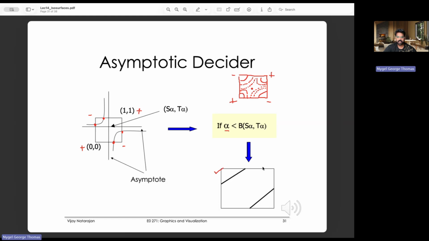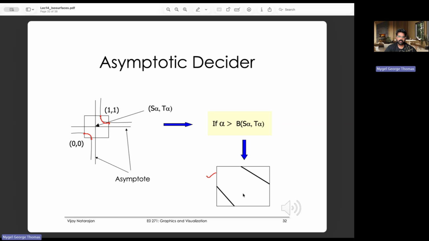This is how we connect the iso values. If the alpha value is greater than B of (S alpha, T alpha), we take the other orientation for the asymptotic decider. So based on whether the isosurface value we're trying to obtain is greater or less than B of (S alpha, T alpha), we obtain two different orientations. That's how we do away with the ambiguity.